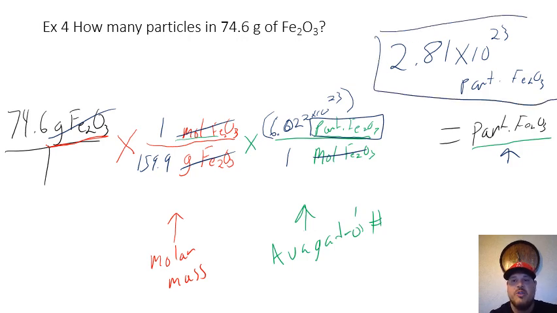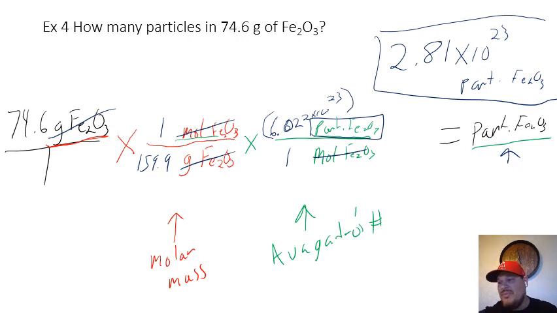I boxed it in because I'm super proud of what I've done. This isn't a math class. This is chemistry, so we have to ask ourselves the question, okay, what does this number mean? What the number means is that in 74.6 grams of iron oxide, there are approximately 2.81 times 10 to the 23rd particles of iron oxide. A lot of them.